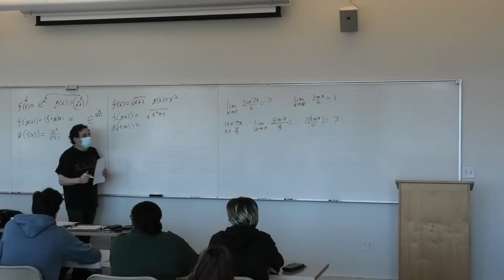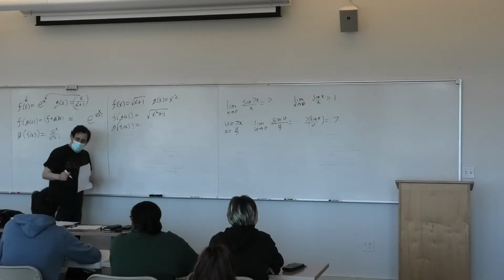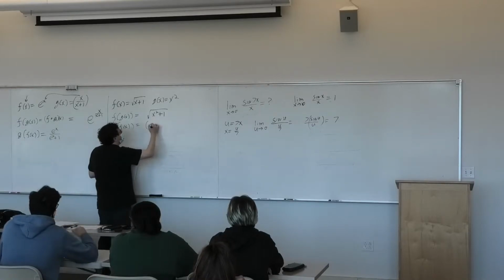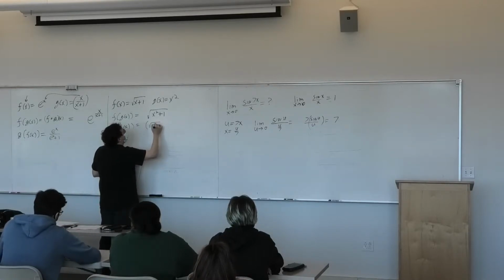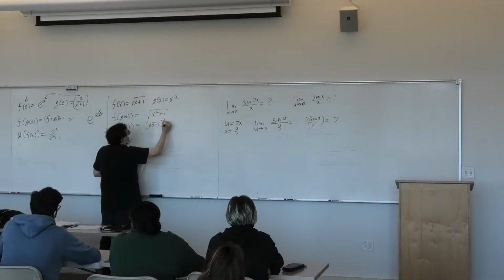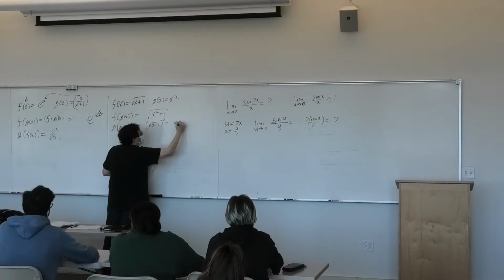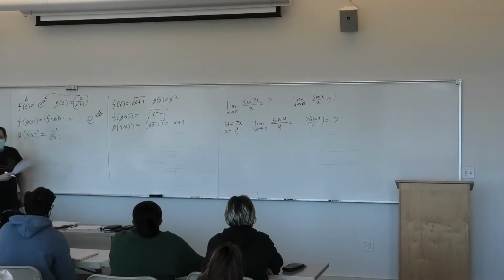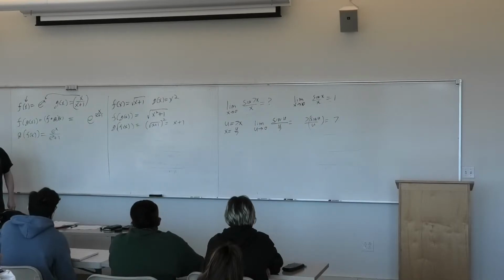Yes, x plus 1. But I'm going to do an intermediate step: it's the square root of x plus 1, squared, which you just reduce to x plus 1. Anybody have a question how we got that? These are real basic.